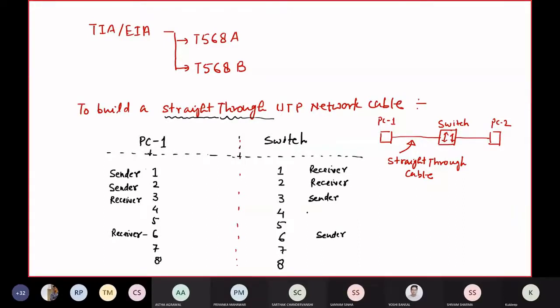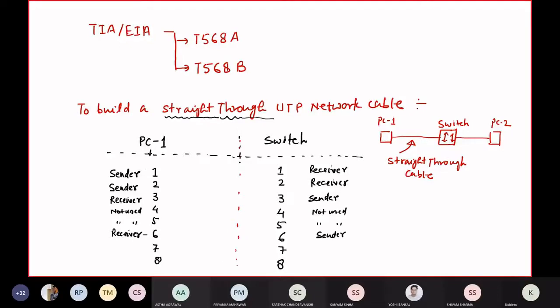The other pins are not used. So here I am writing not used on this side also, and here also not used. Similarly for 7 and 8.